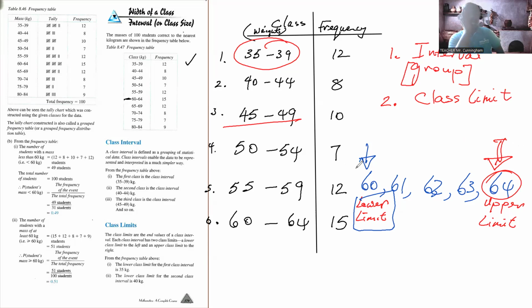What is the upper limit of the fifth interval? Upper limit of 59? So Tyrese, what would be the lower limit of the fifth interval? 55. Right. So that is what we did last day.